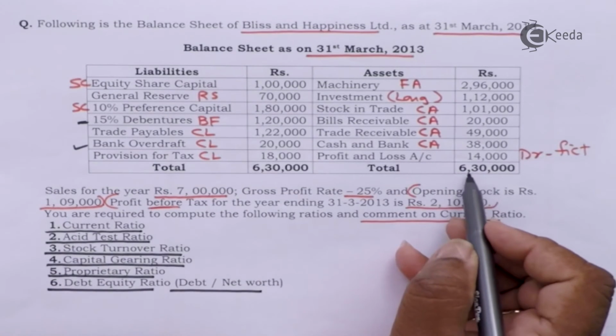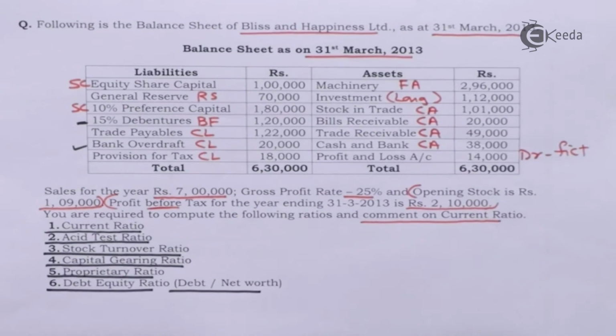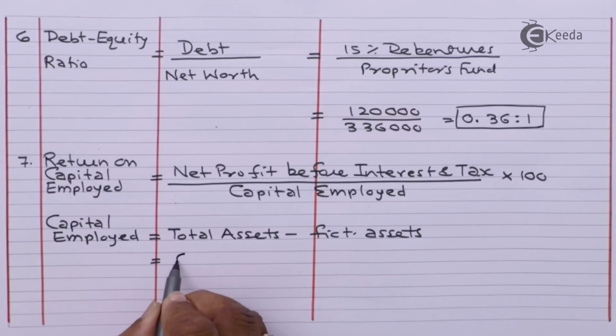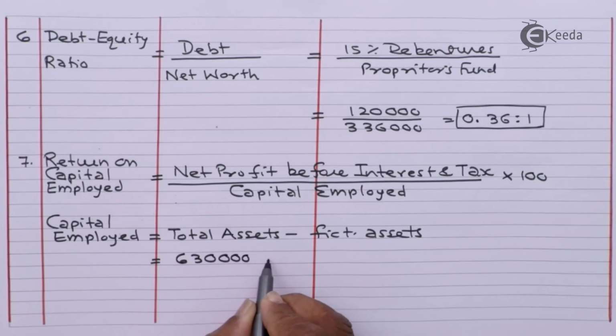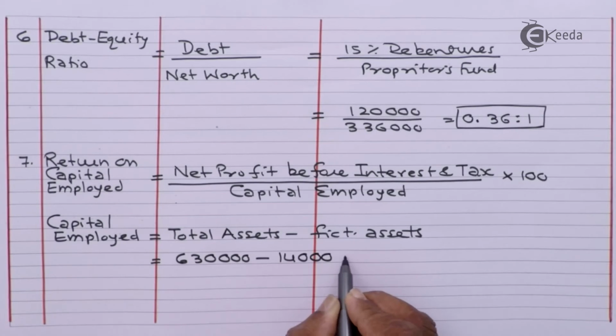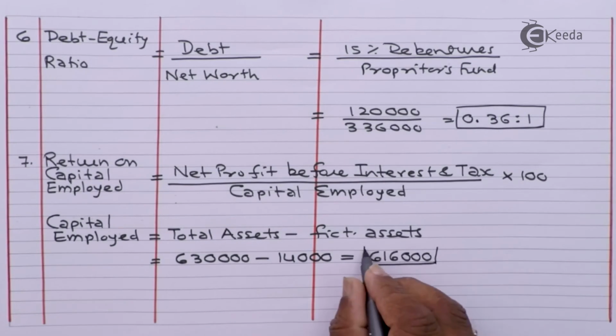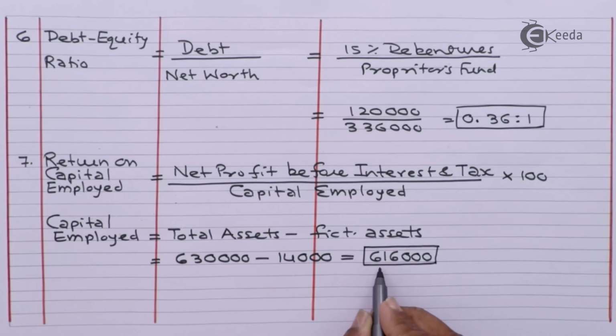Total assets here 6,30,000 and profit and loss account 14,000 is fictitious asset. So 6,16,000 is amount of capital employed.